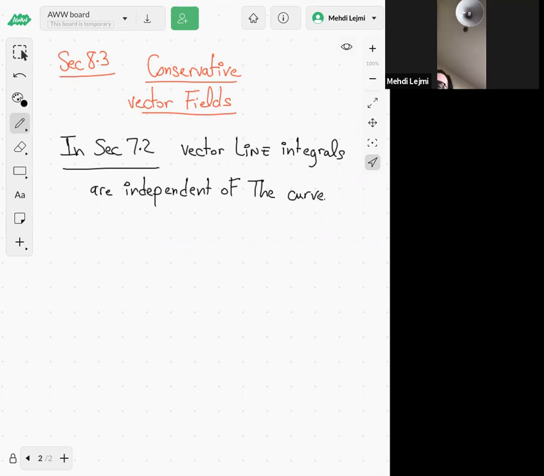But they depend, of course, on the orientation. So if you reparameterize your curve, you choose a different parameterization of your curve, then you're supposed to get the same answer.